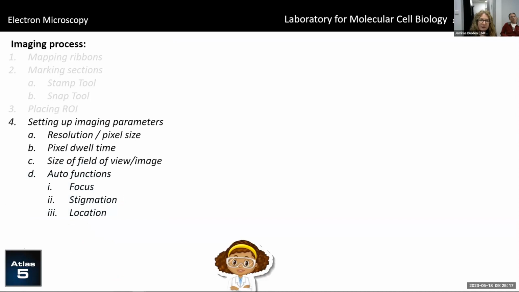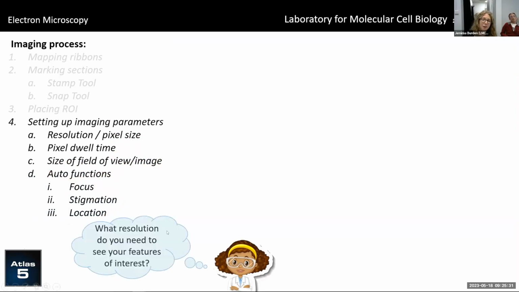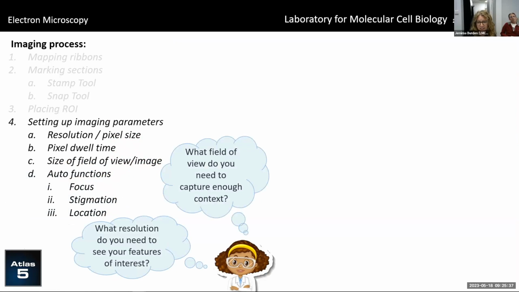And then setting up your parameters, and everything from pixel size, dwell time, field of view, and how you want to mosaic, as well as the auto functions, focus, stigmation, and location. This will be based on your research question and the resolution that you need to see your features of interest. For the field of view, you need to capture enough context to answer your question.